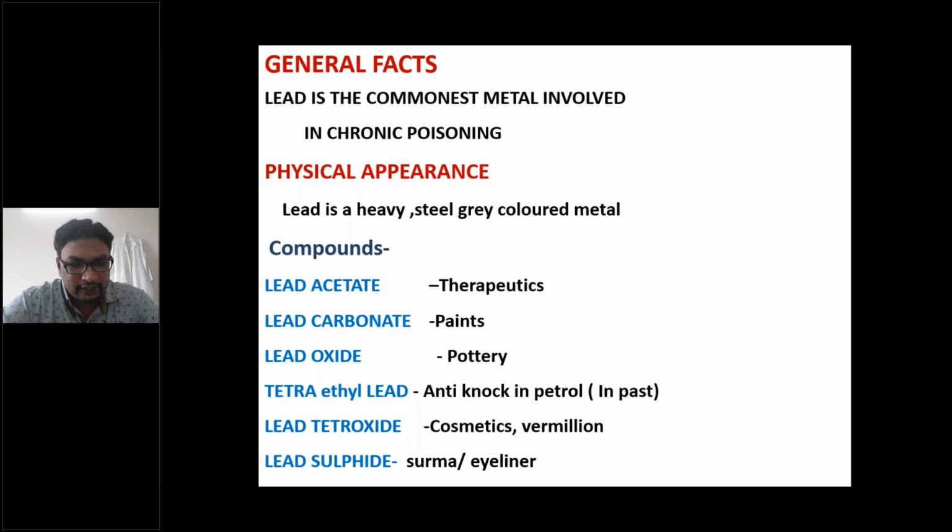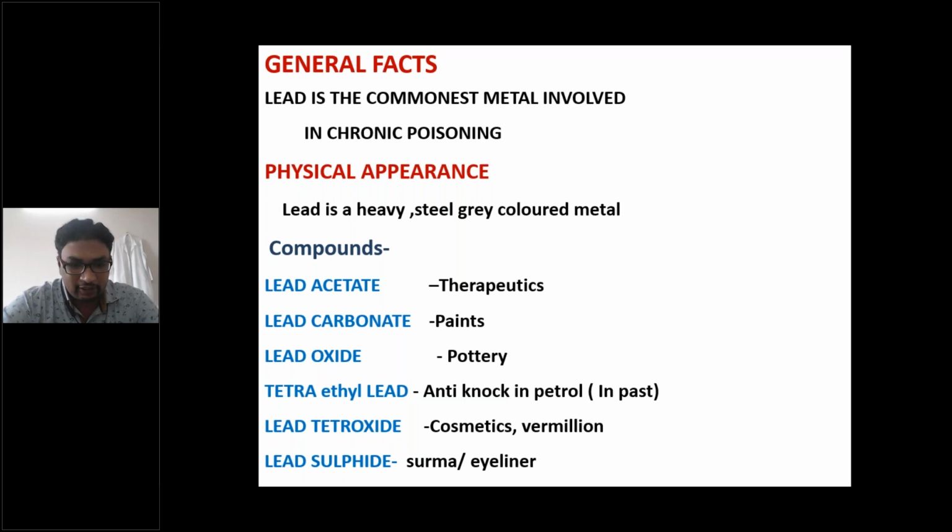And then we have lead tetroxide, which is used in cosmetics and vermilion, which a married woman keeps on the forehead, and it also contains lead. Those who use it frequently and in large quantities, some minute imbibition through the skin has been noted, and poisoning has been noted.